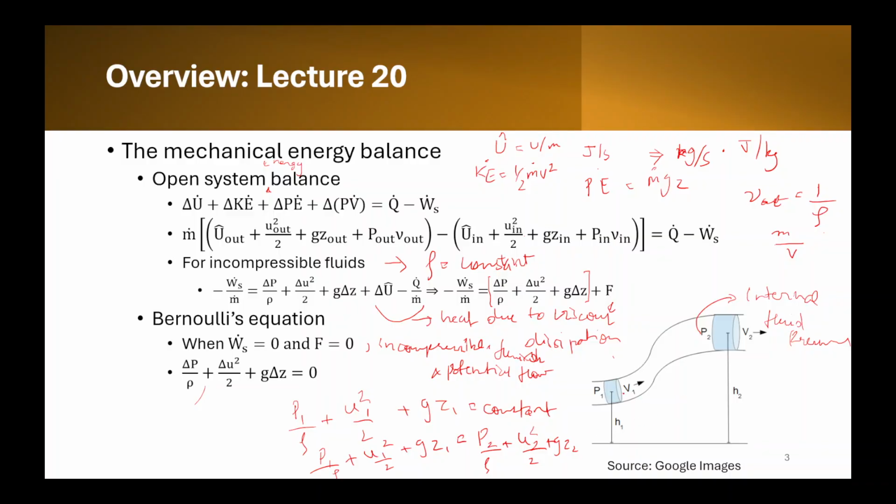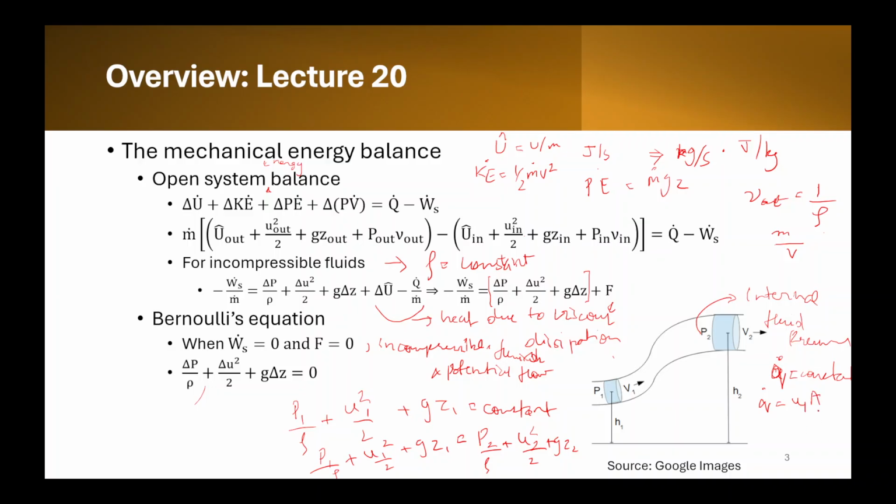So you can say that here the cross sectional area is smaller. If the flow rate Q dot is constant, not small q dot, then Q dot is basically U into cross sectional area.